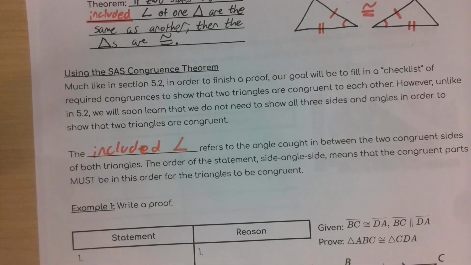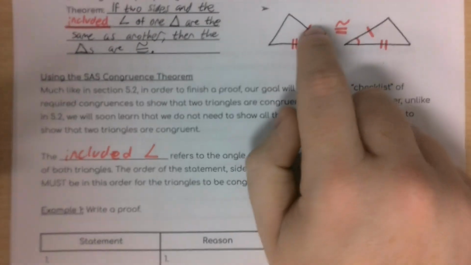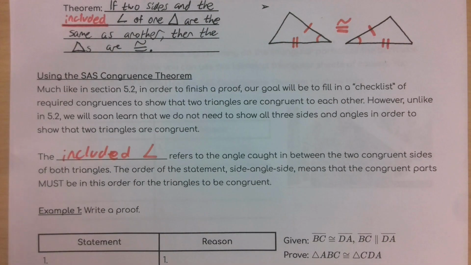You see, the reason why we're calling it side angle side is because the side, the angle, and the side all in a row have to be congruent. It doesn't work if it's just any random sides and angles. It has to be the angle caught between the two sides.